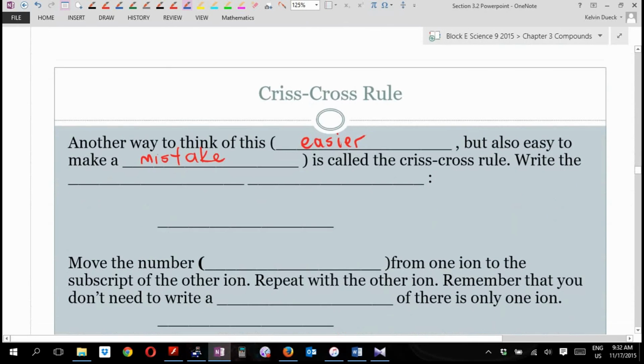So another way you can fill this in, another way to think of this, which is way easier, but also easier to make a mistake, is called the crisscross rule. What's the crisscross rule? Well, what you do is you write out the ions with their charges.